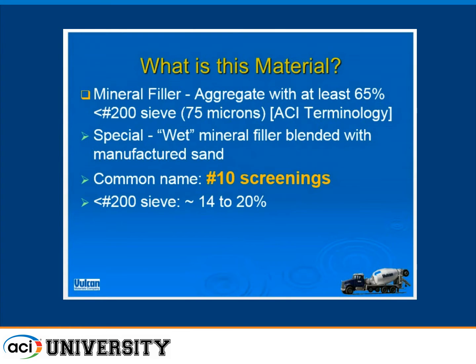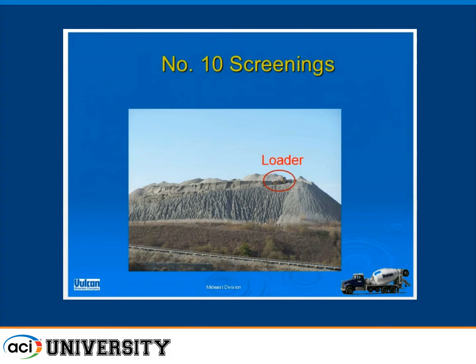My aggregate guys call it number 10 screenings, and I guess it's a pretty common term in the aggregate industries. The minus 200 amount ranges anywhere from 14 to 20%. So, for the rest of my presentation, I'm just going to call it number 10 screening.